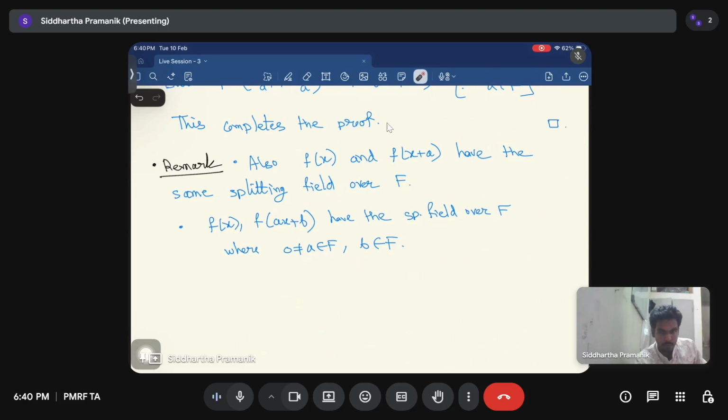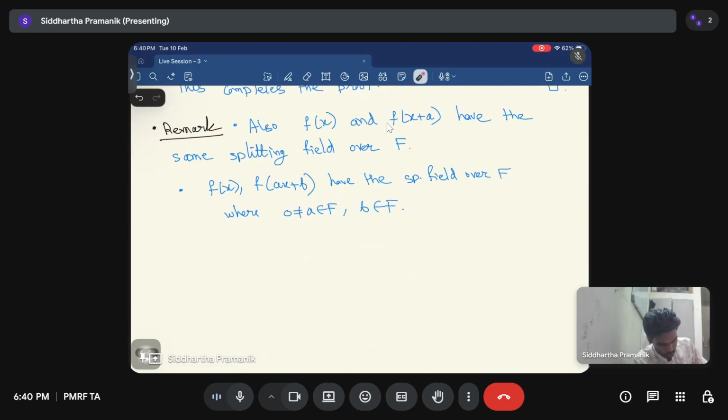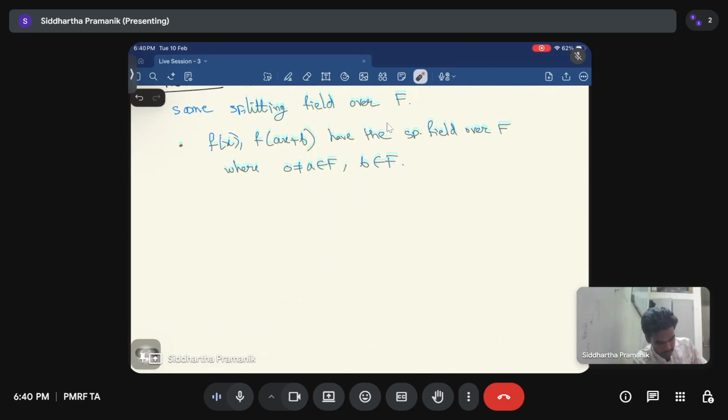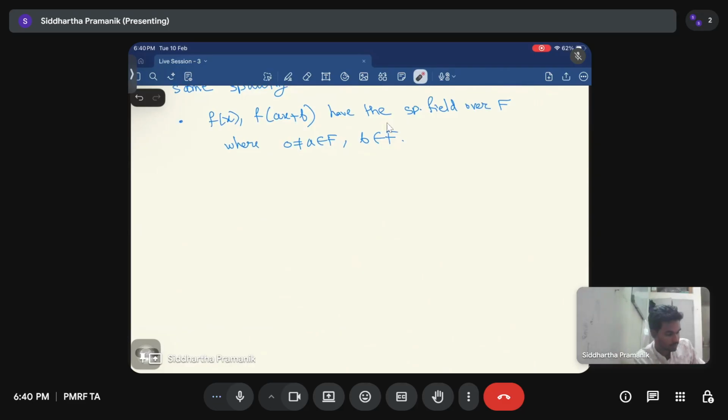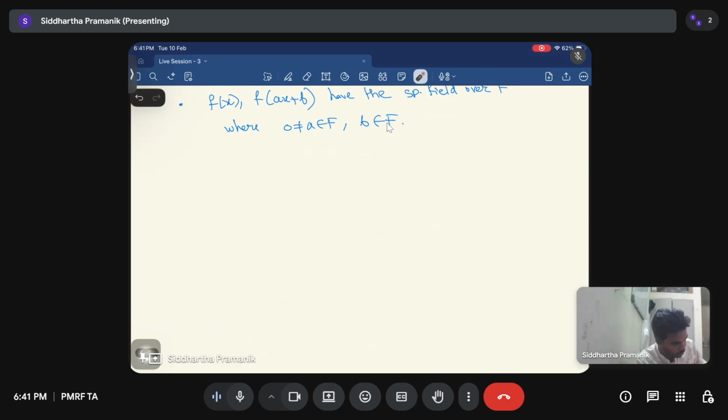So we know from the characterization of normal extensions that finite normal extensions are basically splitting fields of some polynomial. So that is one characterization of the normal extension. Now let's do some problems in the separability part.